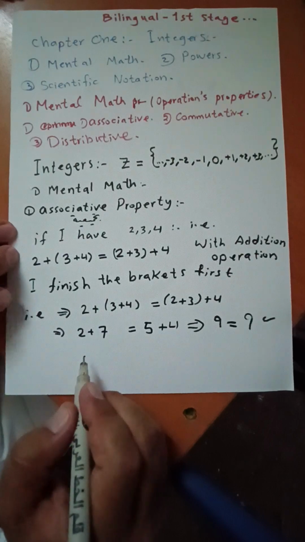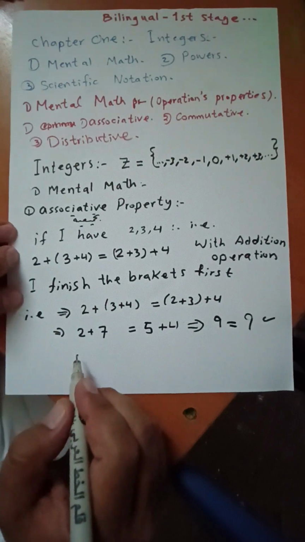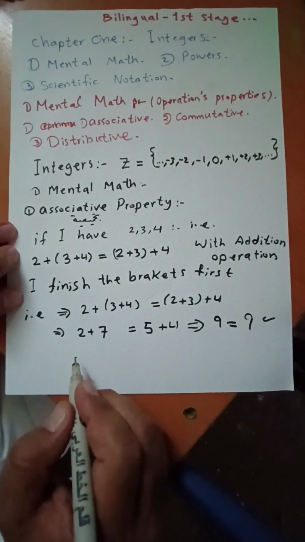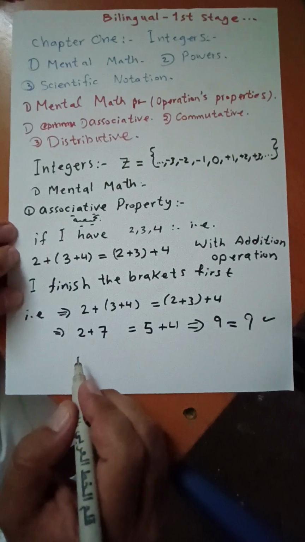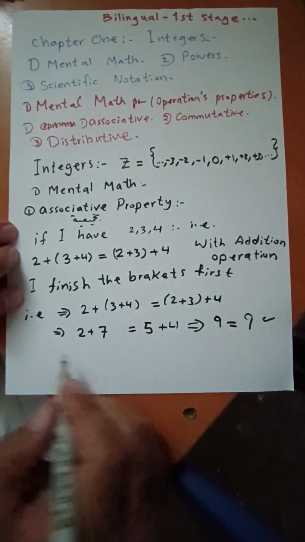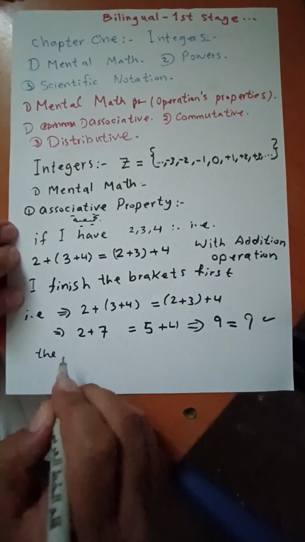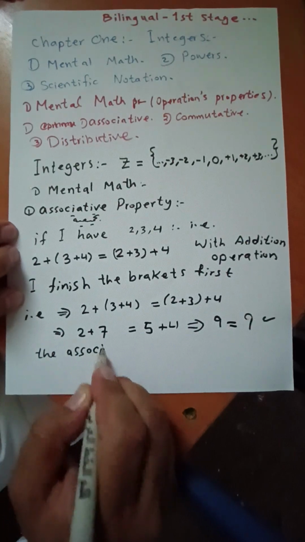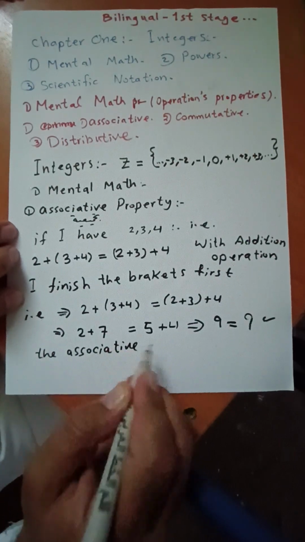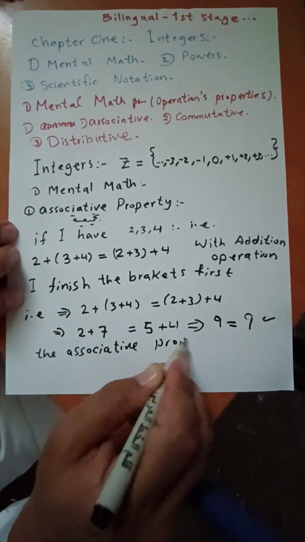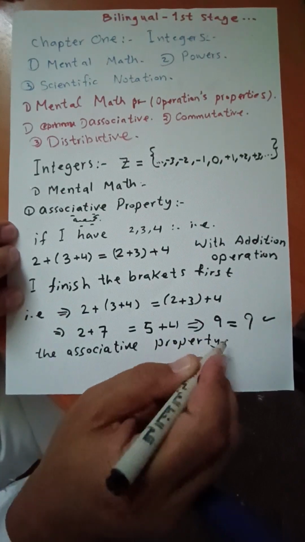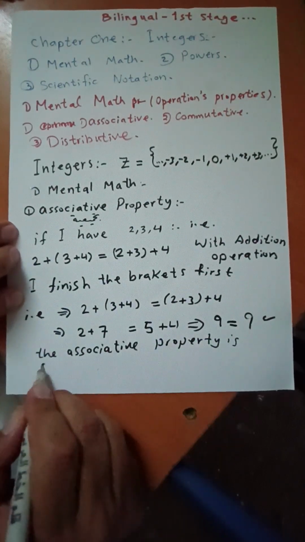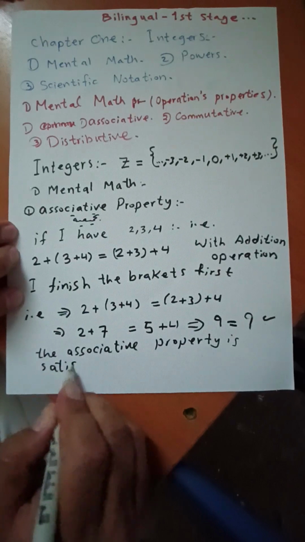This is what I mean with the associative property: it is satisfied for the operation of addition.